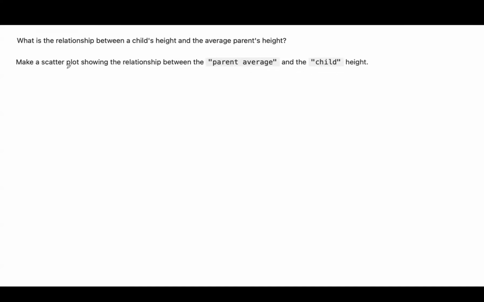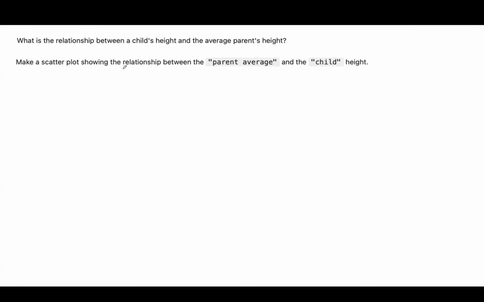So the question is, what is the relationship between a child's height and the average parent's height? This is the question that you're interested in answering. Let us make a scatter plot. Our very first step, as we saw in statistics, is to try to visualize. A scatter plot helps us to visualize x and y's in the xy plane. It can help us to detect any relationship between variables.